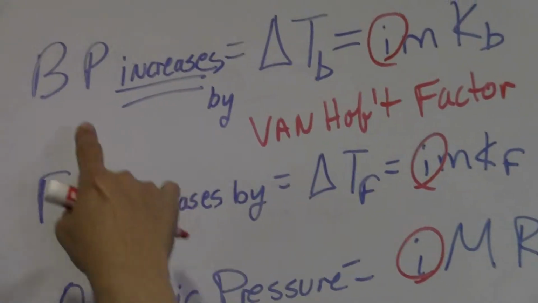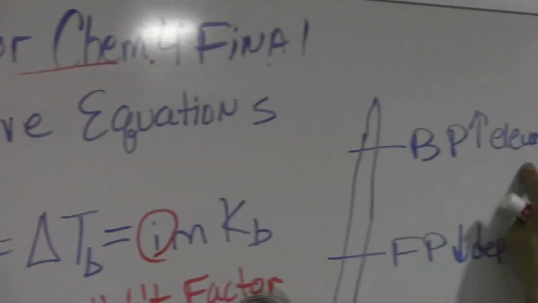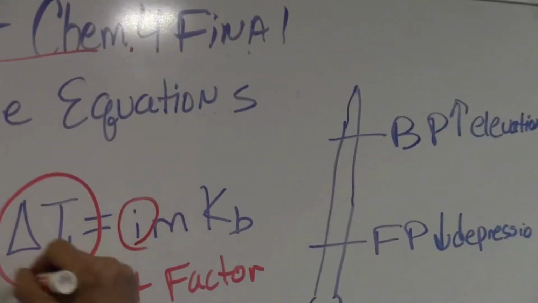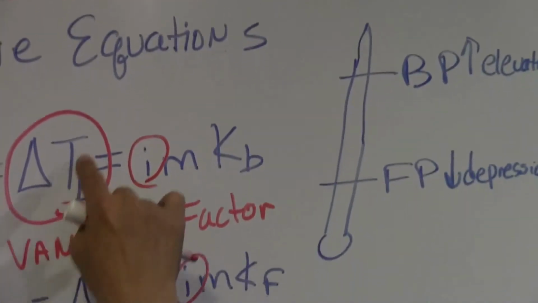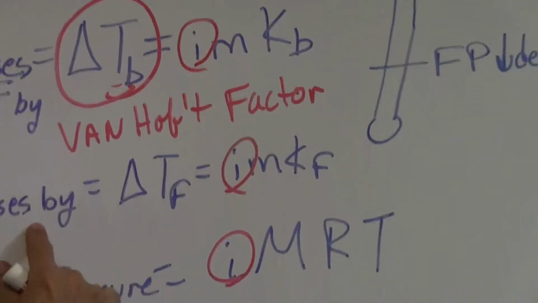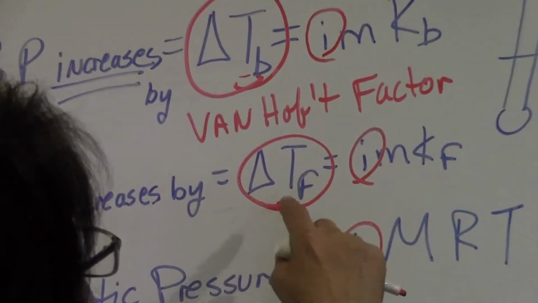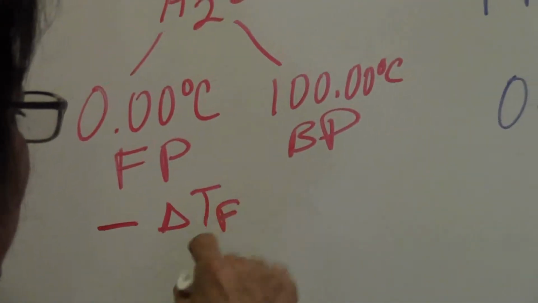So when you add a solute to water, the boiling point is going to increase by a certain amount. That amount is the change in boiling point temperature. If you add a solute to water, the freezing point is going to decrease by this amount. So you're going to take your original freezing point and subtract whatever you get here.